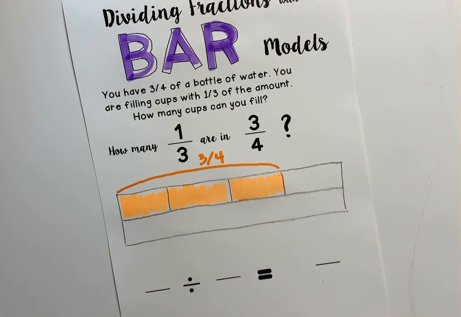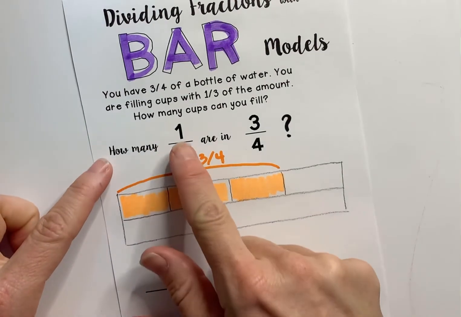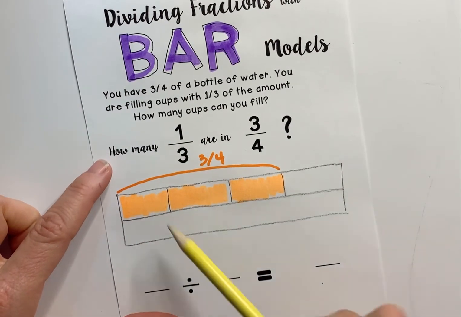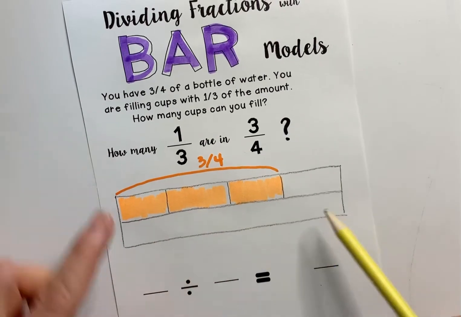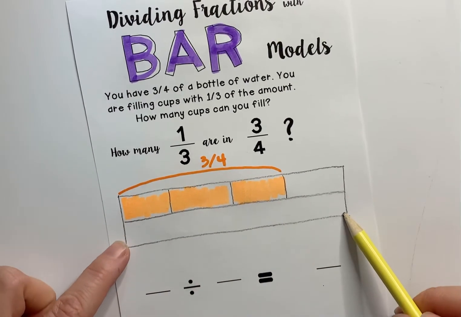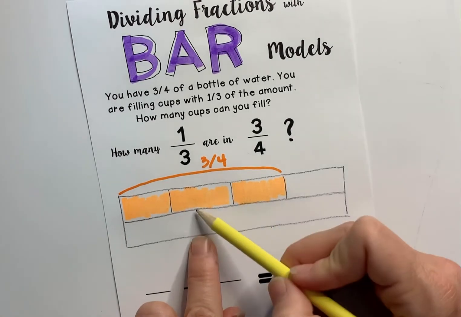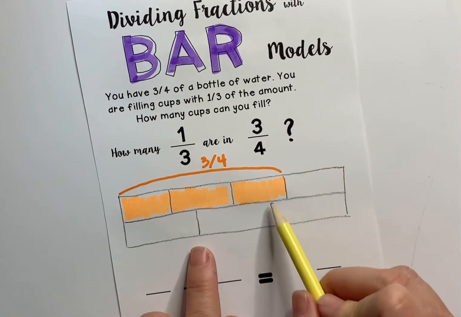Okay. Now I want to know how many 1/3s are in this 3/4. So now I'm going to take my bottom bar, which is going to represent my 1/3. Now I'm going to cut my bar into thirds. Okay, so this is always a little tricky. Thirds are hard.